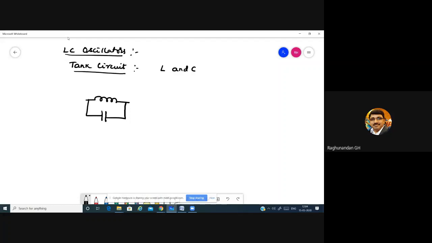In the class C power amplifier, since the class C amplifier is not able to produce the complete output signal, we were giving the signal which is produced to the resonant circuit, where we had an inductor and capacitor.